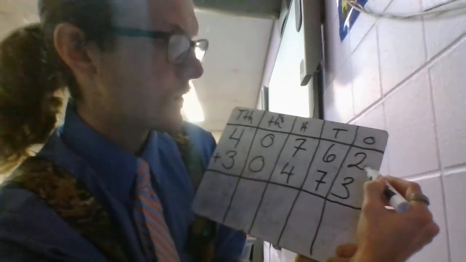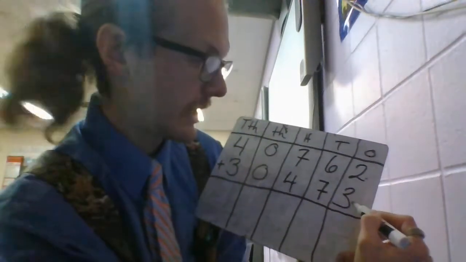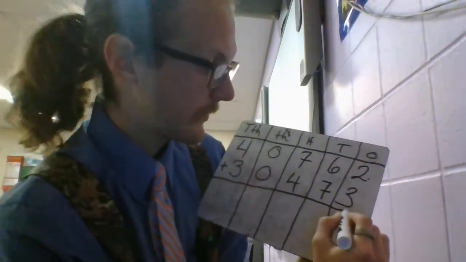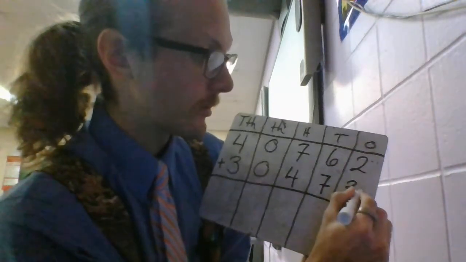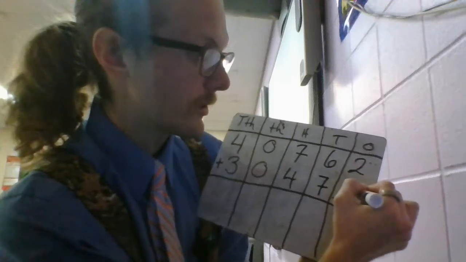When you're adding, subtracting, or multiplying, the ones is your starting place. Ones place: 2 plus 3 equals 5.